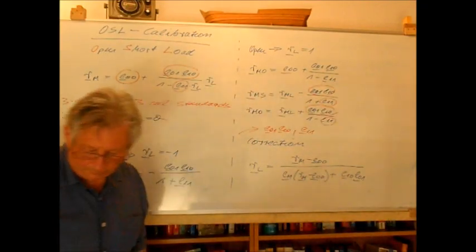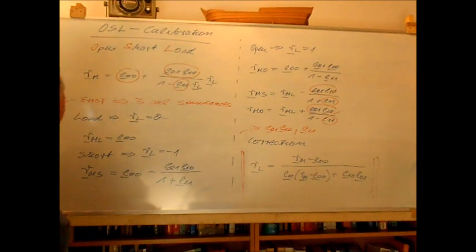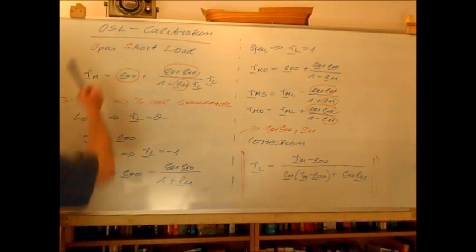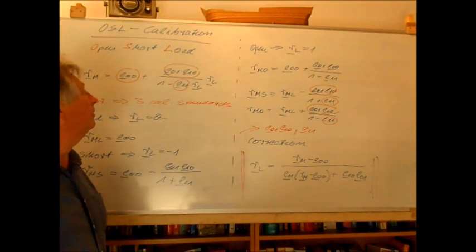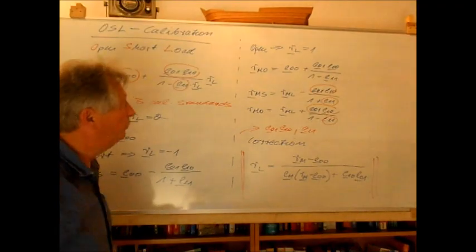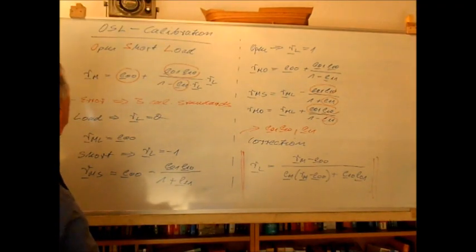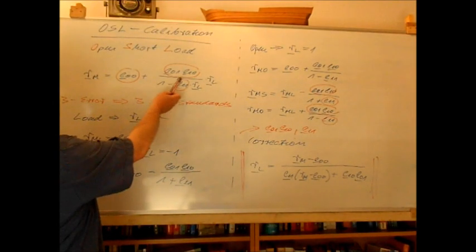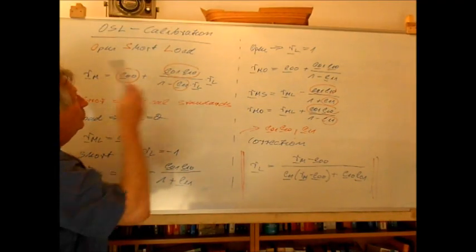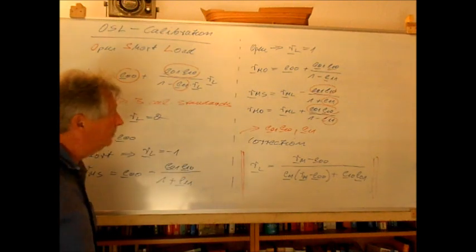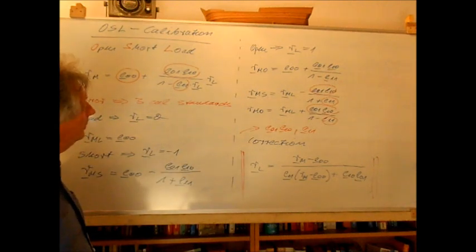So, to summarize this again, we see that if we assume a two-port error model for our one-port error model, we can use the so-called OSL calibration. For example, if you want to measure a certain frequency range, then you will subdivide the frequency range, for example, in 100 steps. And for each step, you must measure the 3 calibration standards, which are in principle then 3 times the measurements.